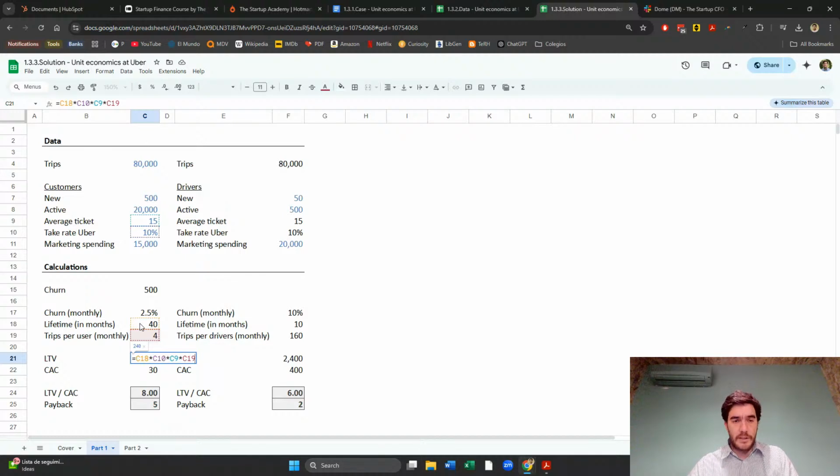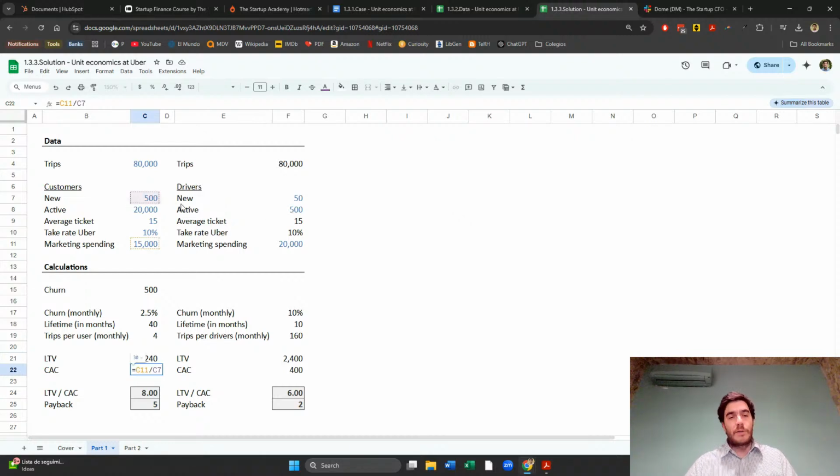So for 40 months, Uber is going to make with this customer 6 euros per month, if I'm not wrong, which would total 240. Again, you can complicate it much more, but the important concept is that.